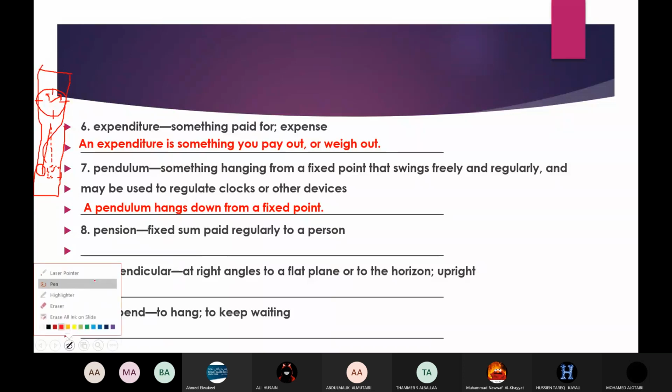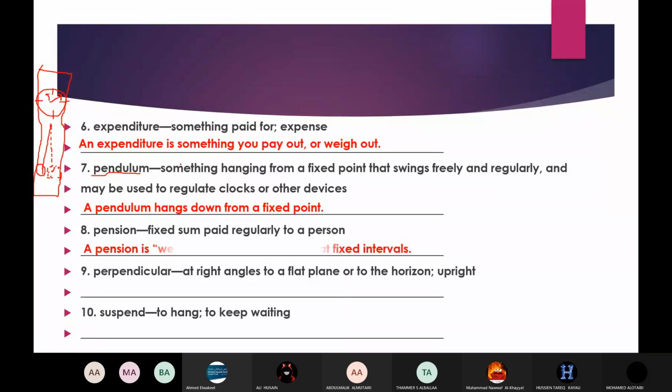Have you seen this watch before? So a standing watch that you can just put anywhere, and it has the arrow for the hours, the minutes, and this one for the seconds is like a pendulum, moving tick tock, tick tock. So that's a pendulum, fixed point and moves freely.